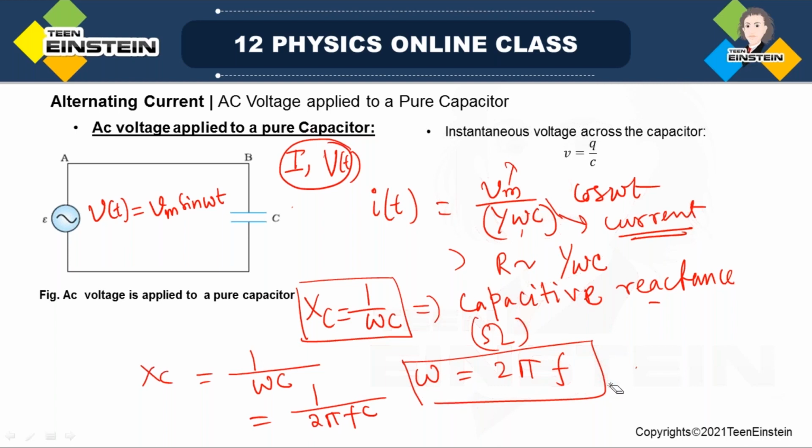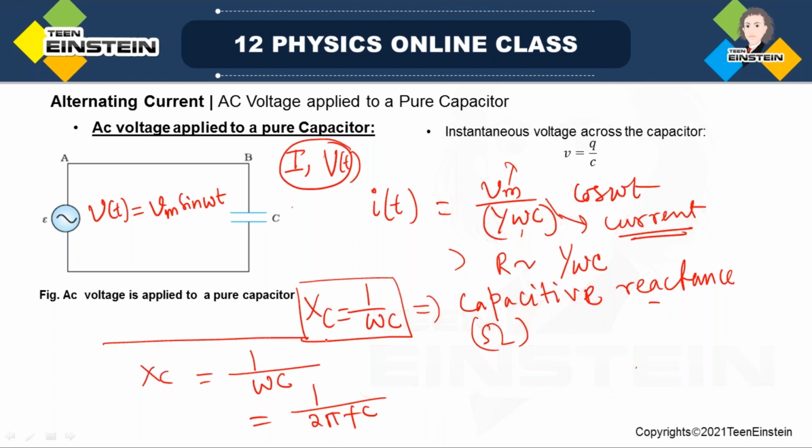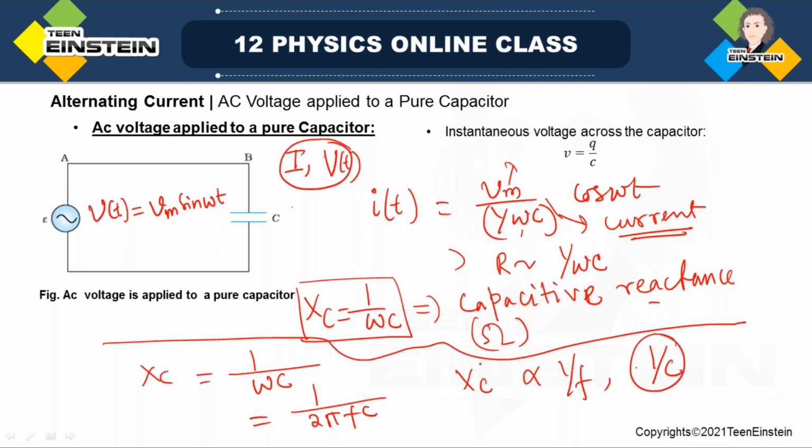So what does this mean? This means your capacitive reactance, which is acting as a resistance, is inversely proportional to frequency, and also inversely proportional to the value of the capacitance.